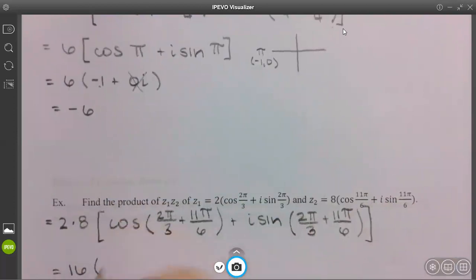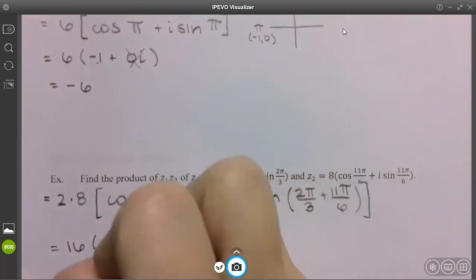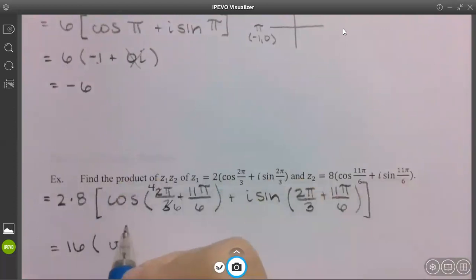You get 16 times cosine. 2/3 will change into 4/6, which gives you 15 over 6.